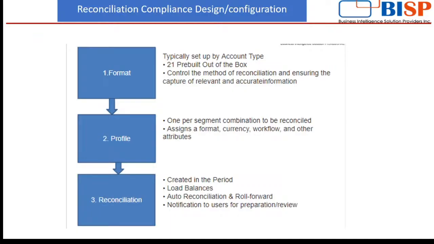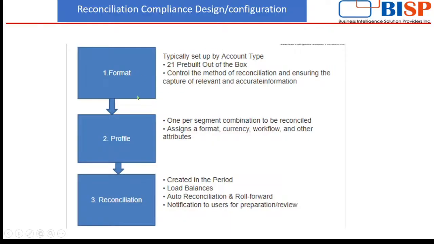Under this there are 21 pre-built out of box formats. For these 21 formats, you will find a template and you can go for it. But if you want to customize as per your choices, you can prepare a format from scratch. If the client tells you how he wants the format, you can prepare a format as per his choices.